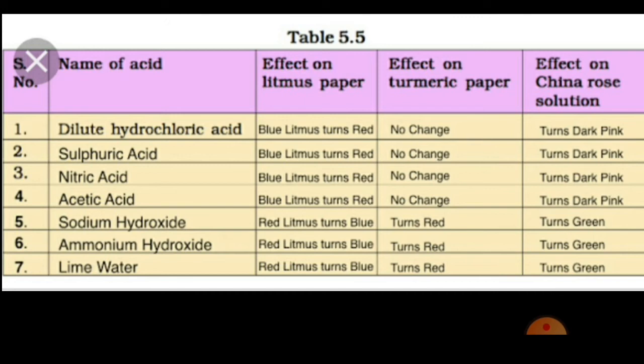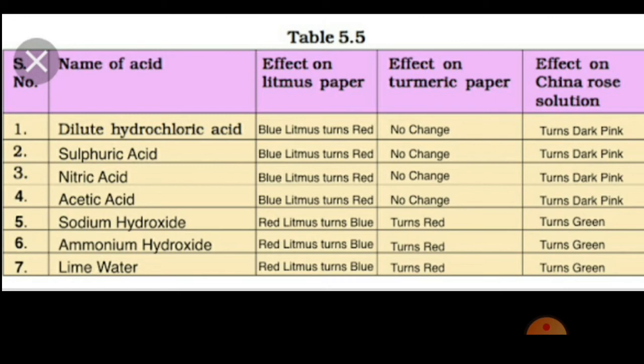The first four examples are acids: hydrochloric acid, sulfuric acid, nitric acid and acetic acid. By their names you can understand these are acidic in nature. When you conduct the test with litmus paper, turmeric paper and China rose solution on these four samples, whatever observations you get, you write in this 5.5 table.